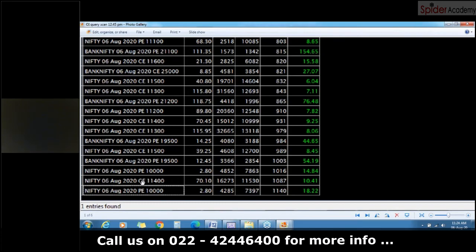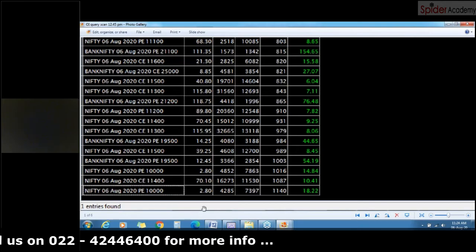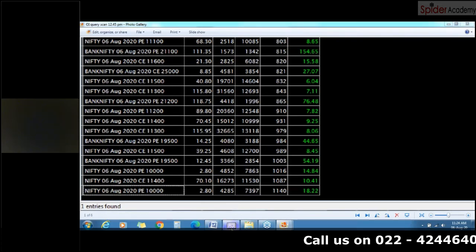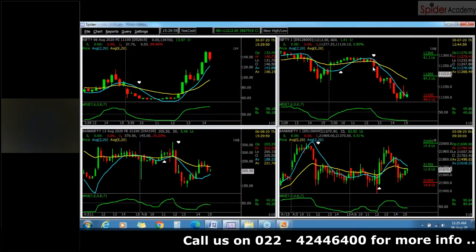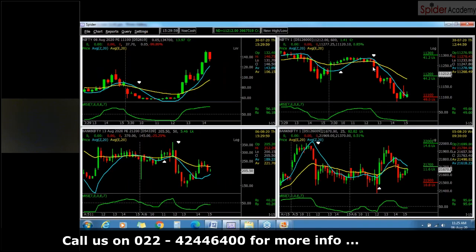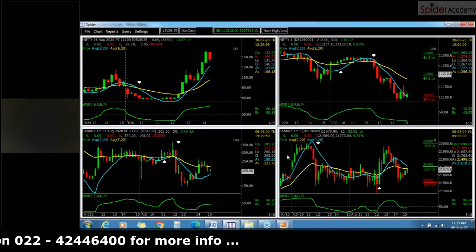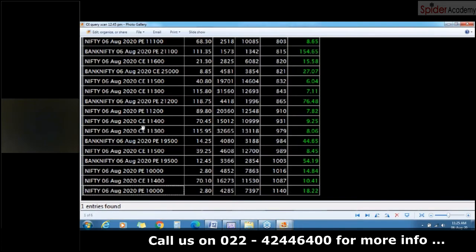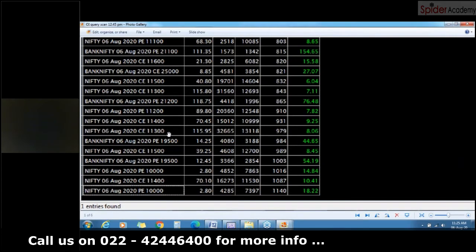The prices here were trading at around 11,240. So we will be looking at, let's say, 11,500 on the upside, and on the below side 11,100 strikes. As we can see, we got the 11,400 call, then the 11,500 call over here, and then again the 11,300 calls.